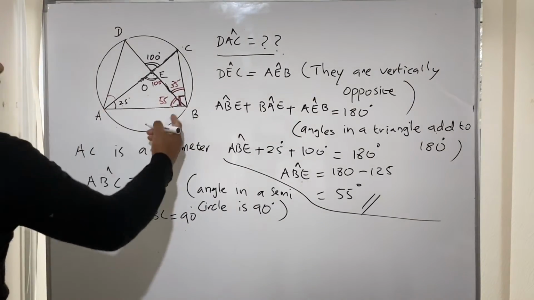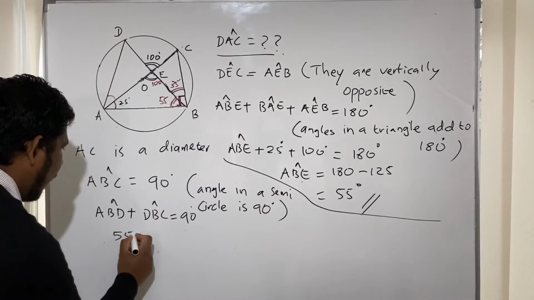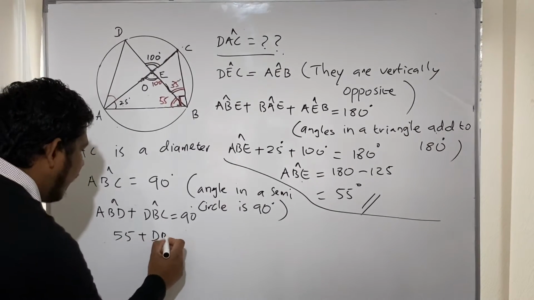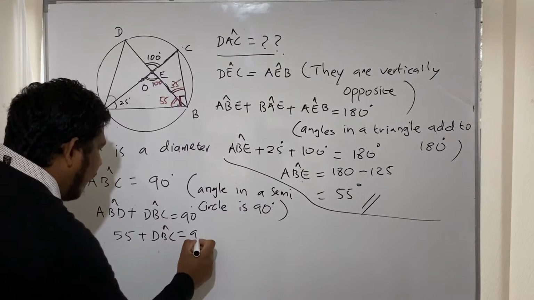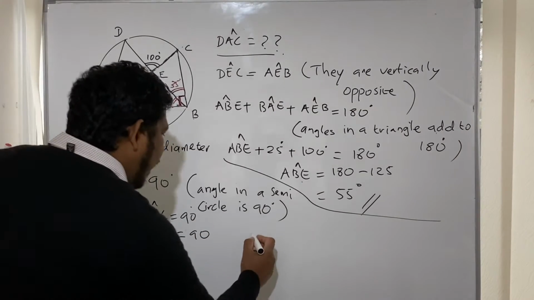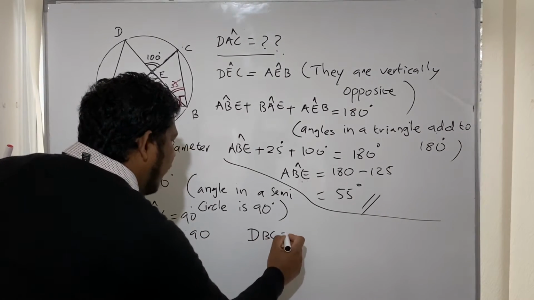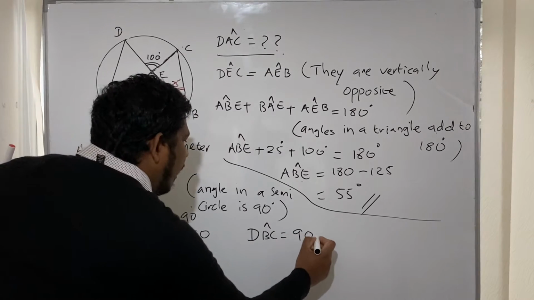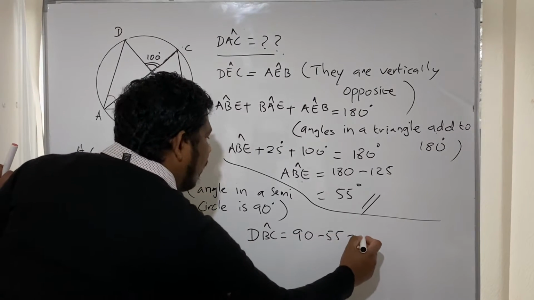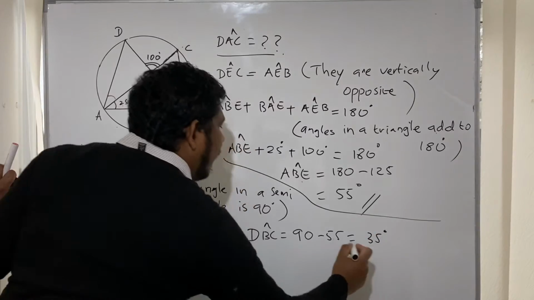So angle ABD is 55 plus angle DBC is 90. Therefore, angle DBC is equal to 90 minus 55, and it gives 35 degrees.